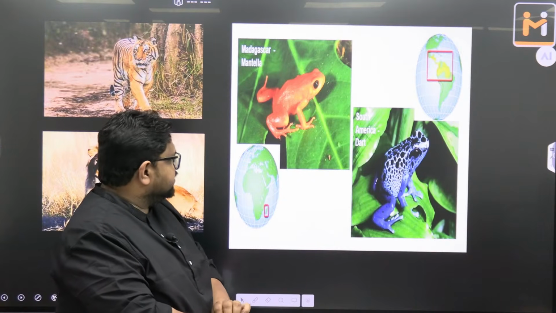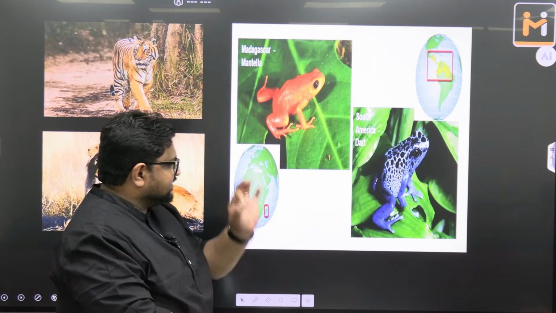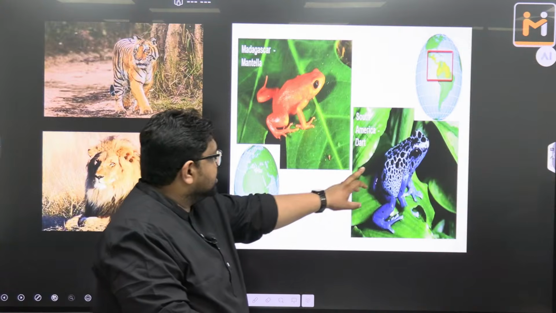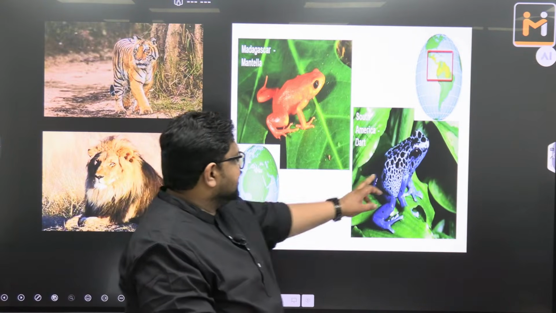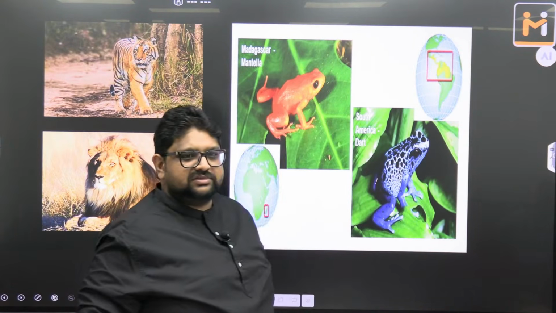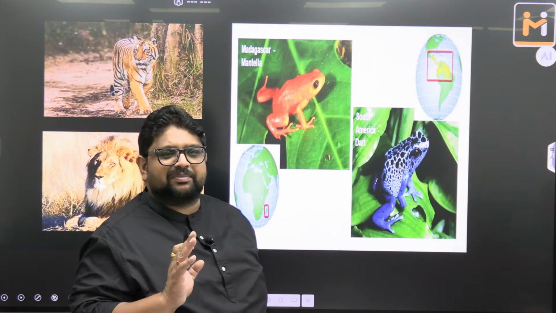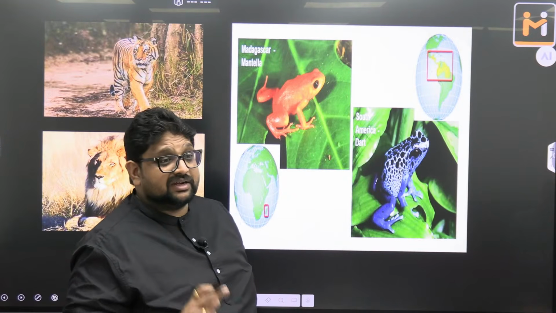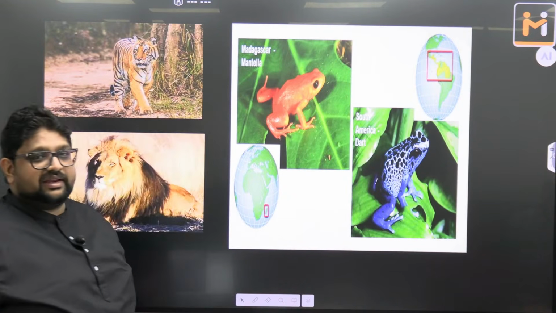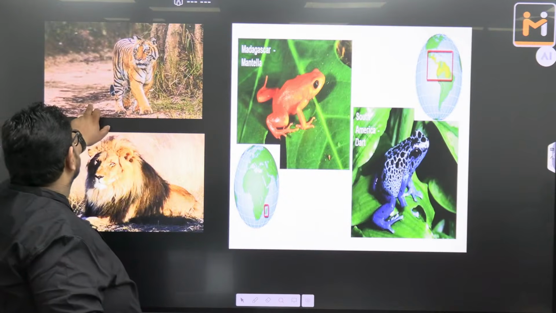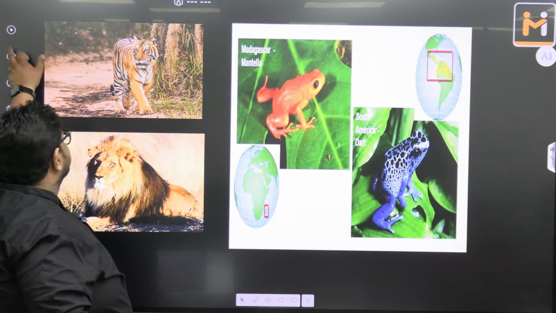They look similar but different color, but they play exactly the same role what a South American dart frog plays in South America. They are ecological equivalents. They have exactly the same overlapping niche, but they are in different geographical area or different community. Okay, so that is called ecological equivalents.